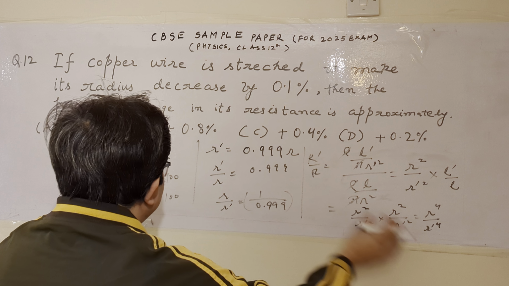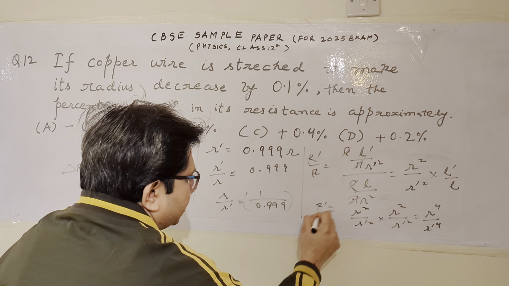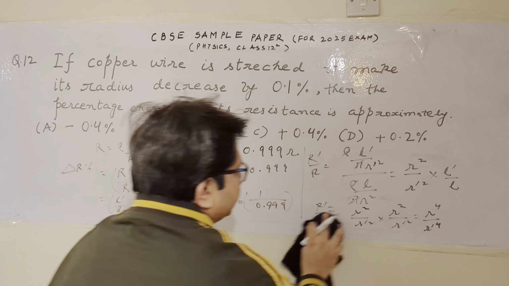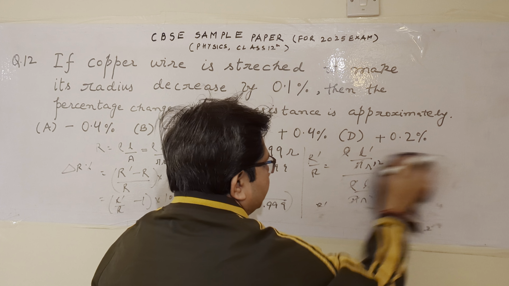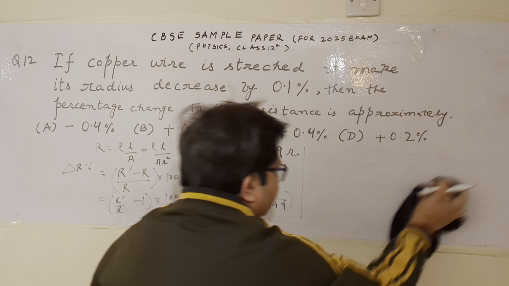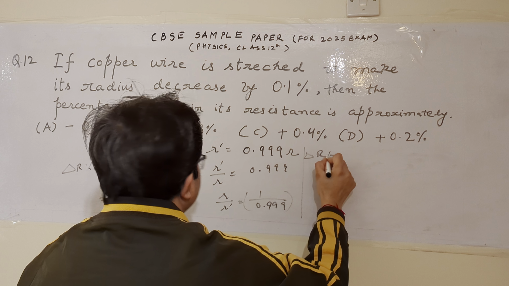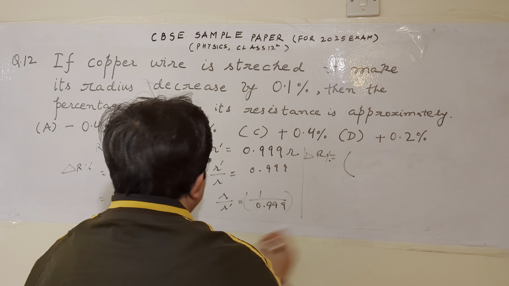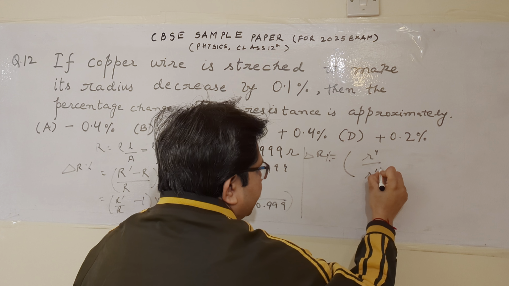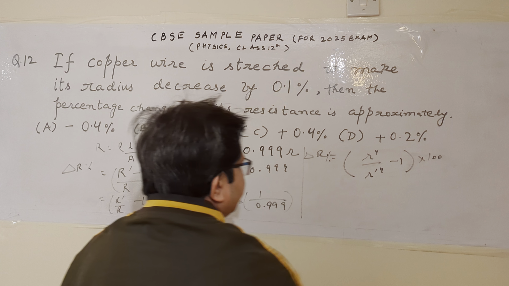Now we put this value in the ratio R dash upon R. So the percentage change in resistance is equal to r to the power 4 upon r dash to the power 4 minus 1, into 100.